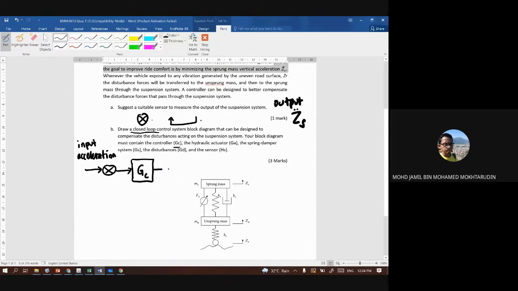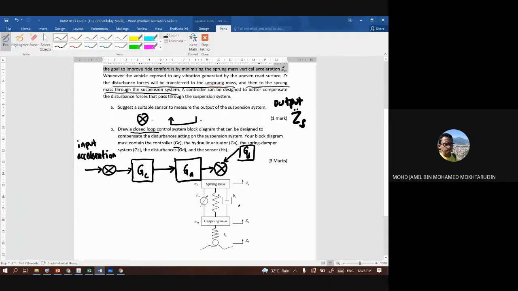And then after the controller, you have the hydraulic actuator. And then you have something else first, the disturbance. Your disturbance will affect the spring damper system. It is described here: the disturbance forces will be transferred to the unsprung mass and then to the sprung mass through the suspension system.